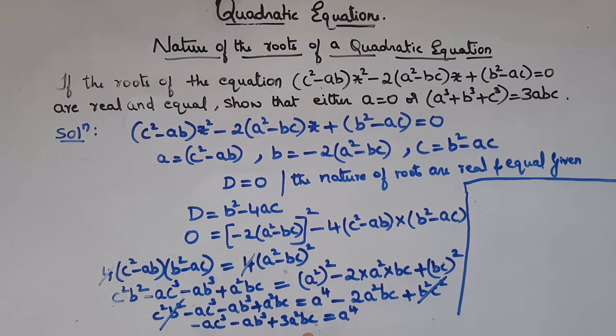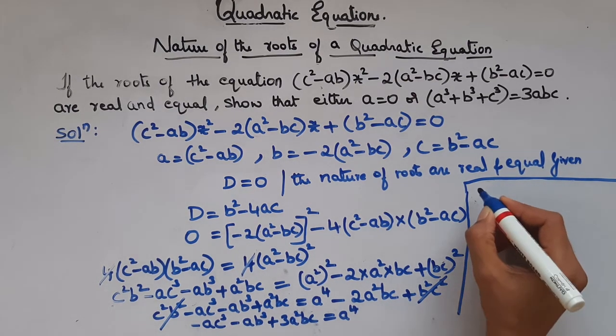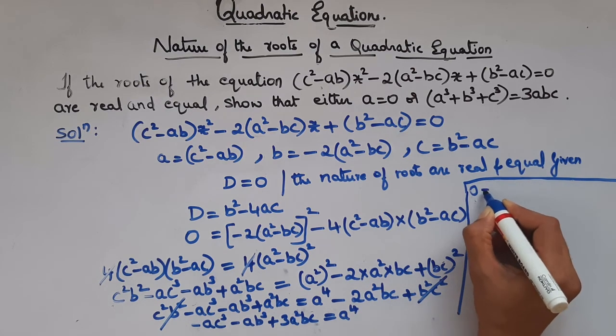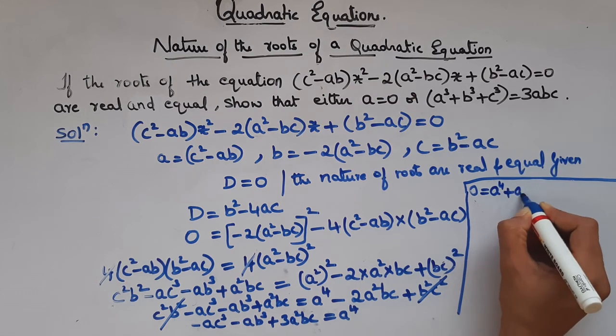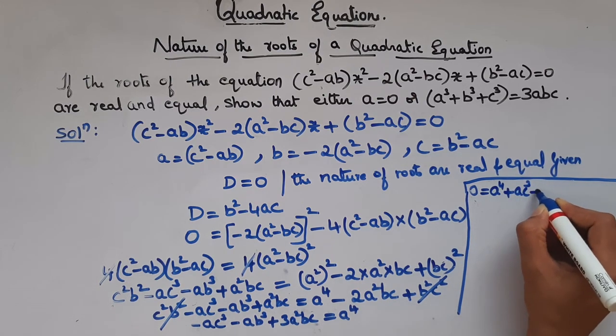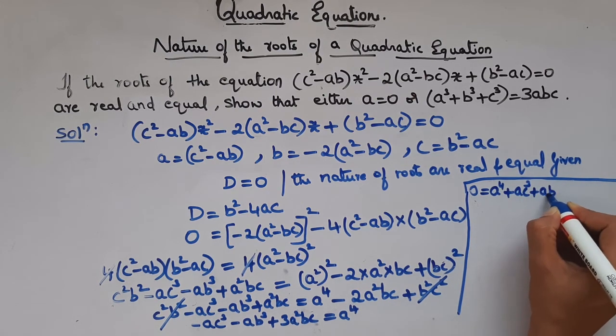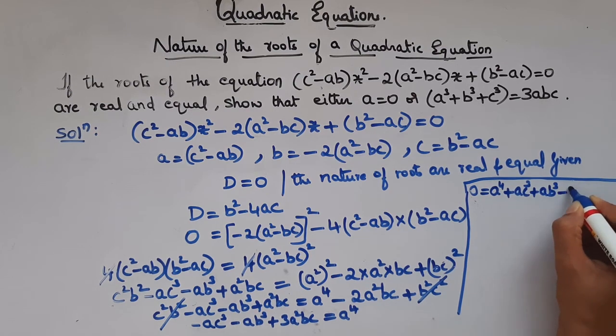Okay. So now let's bring all these terms to the right hand side. So we are left 0, which is equal to a power 4 plus ac cube plus ab cube minus 3a square bc.